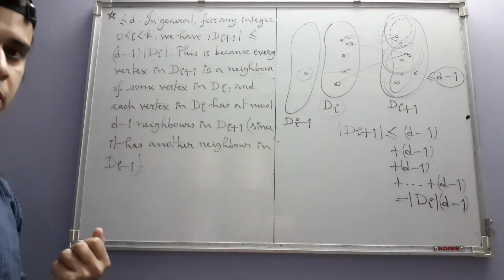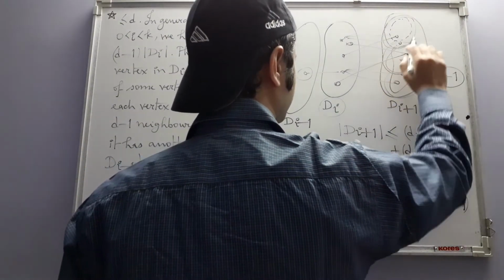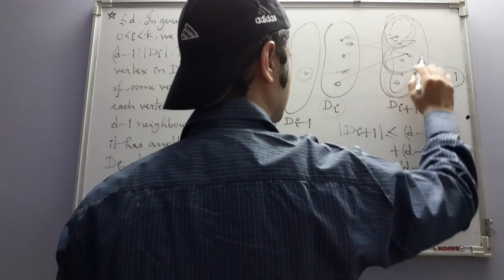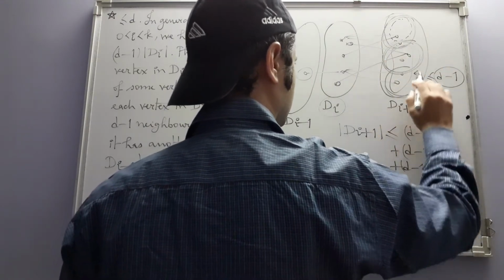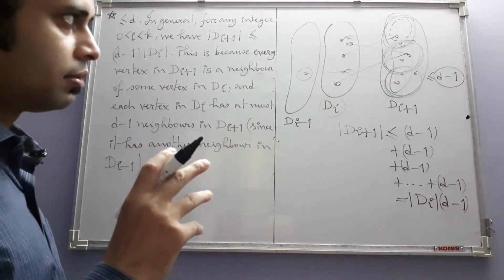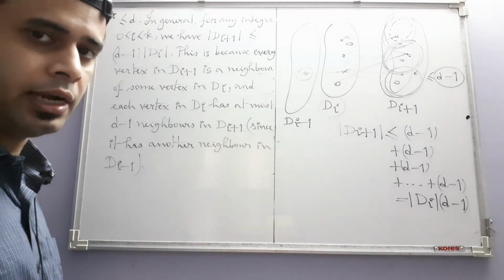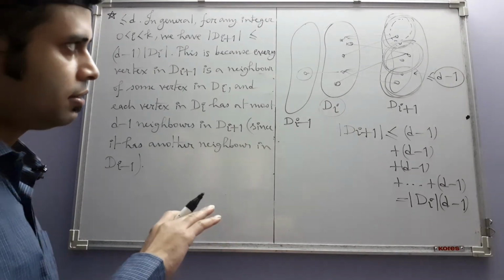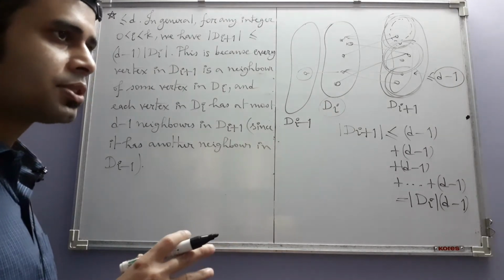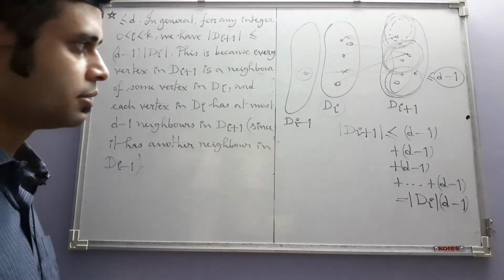So you get the point, I hope. The vertices in di plus 1 have been considered in clumps as neighbors of vertices in di. These clumps may overlap. Okay, there may be common intersections.